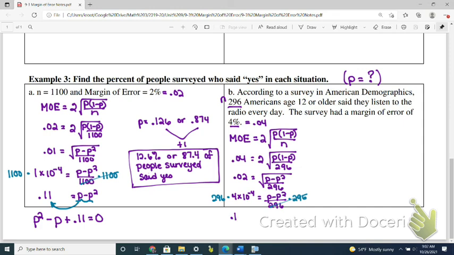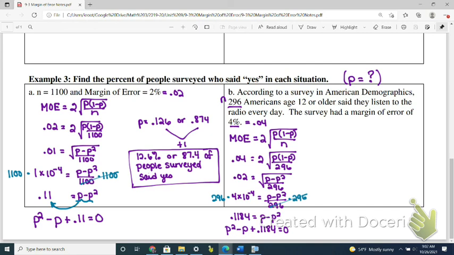And I get 0.1184 equals p minus p squared. So my quadratic is p squared minus p plus 0.1184 equals 0. Yes, leave the whole number there. Again, we'll plug that into Desmos.